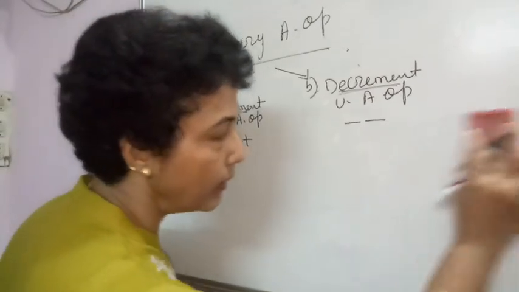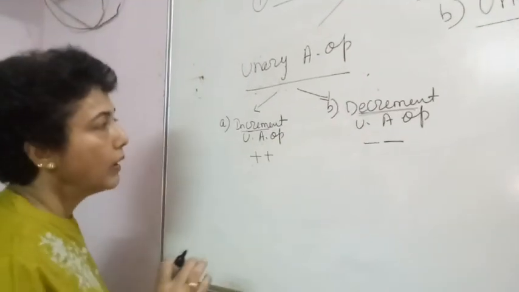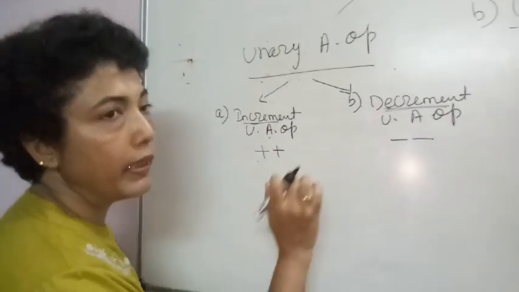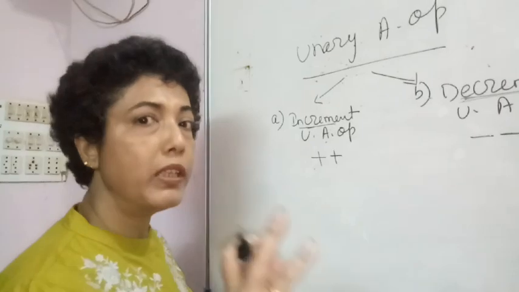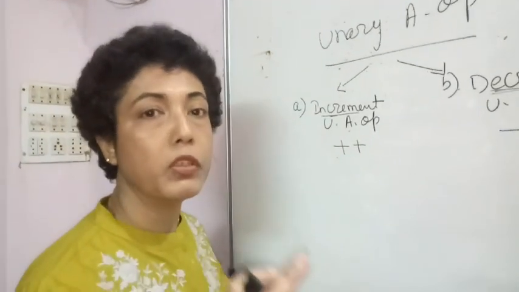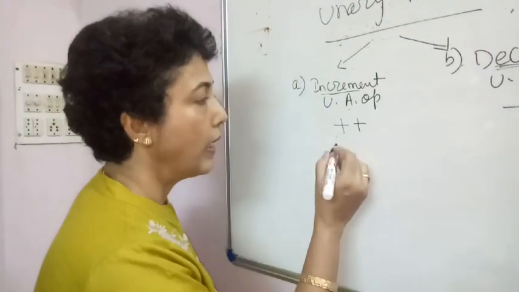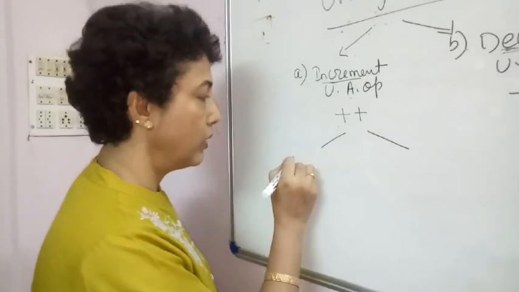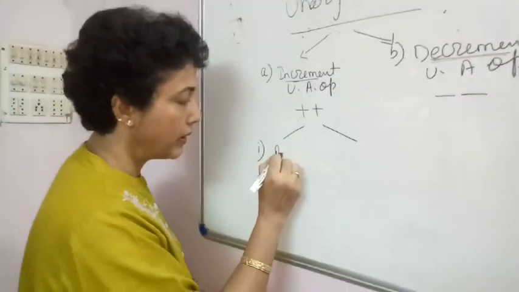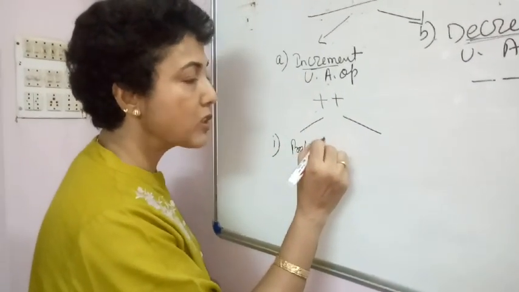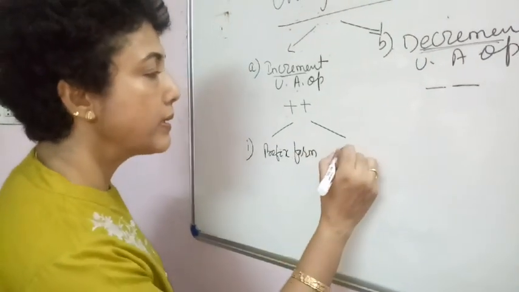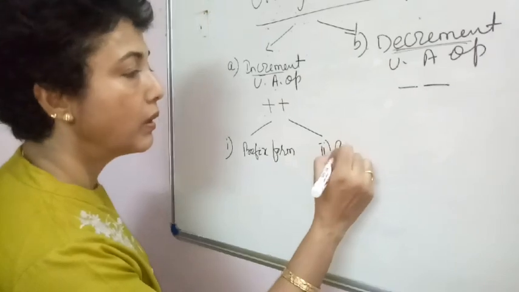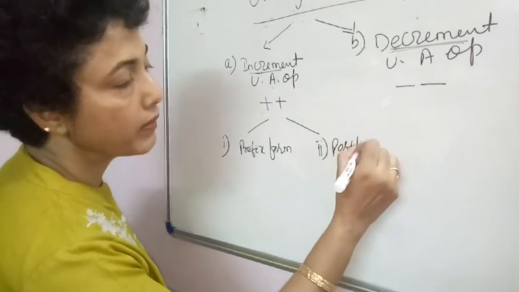Okay. Now, please give your attention. These two, increment and decrement operators, can be used in two different forms or in two different ways. And what are they? The first one is prefix form or prefix mode also we say. The second one is postfix.